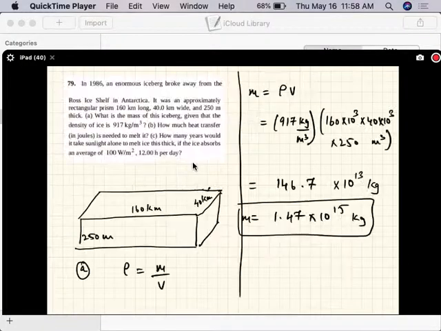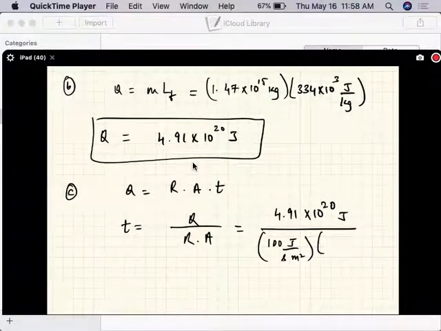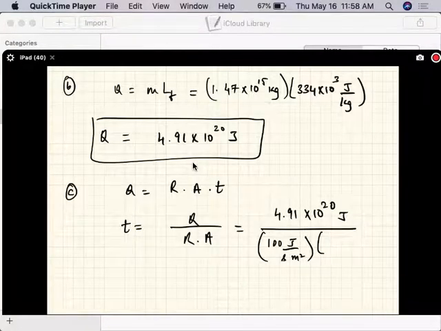And the area of the shelf is the relevant area, 160 kilometers by 40 kilometers. And so you see joules will cancel and meter square will cancel, and you'll get the time in seconds. Then we'll convert that to years.